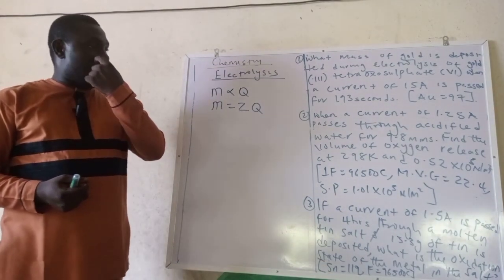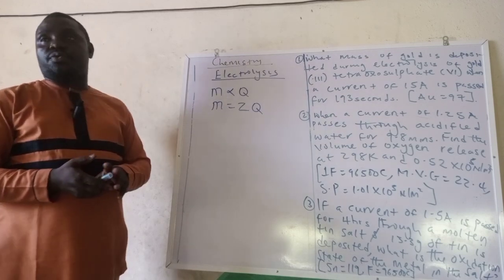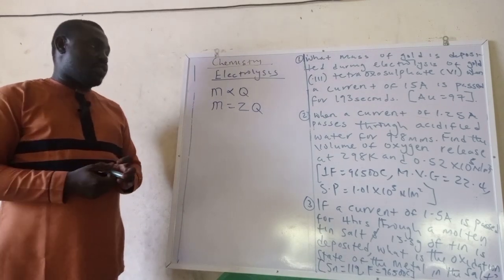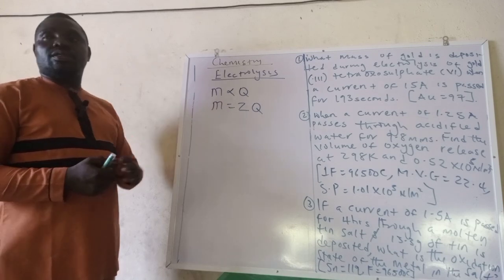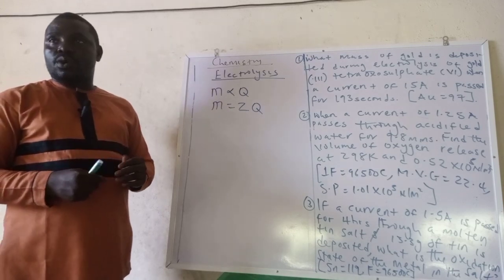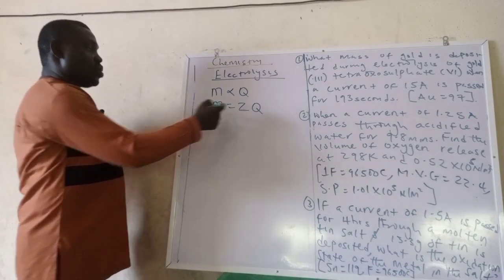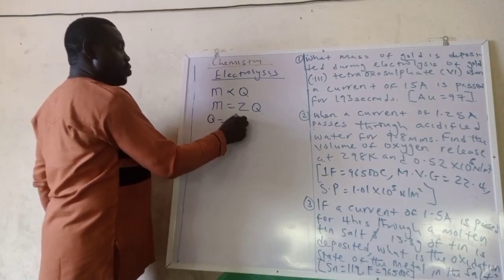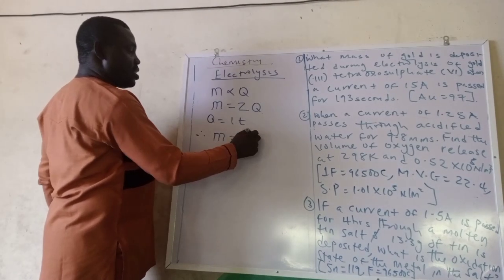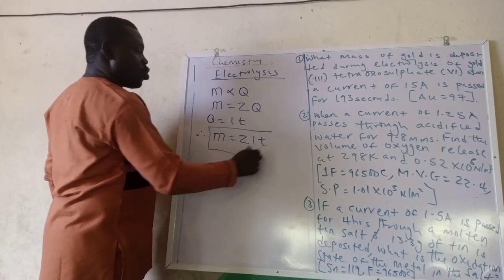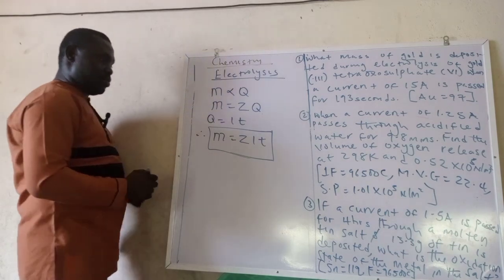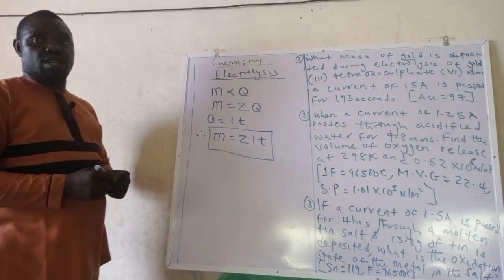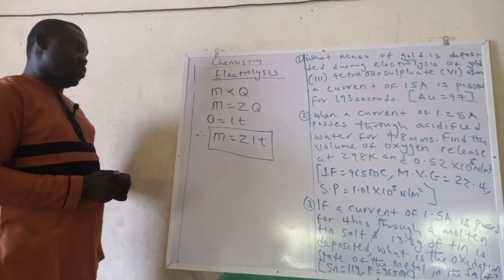You'll be given some parameters in your exam, or you might be asked to find one while the others are given. Here we have Q equals IT, so we have m = ZIT. It's important you know this.